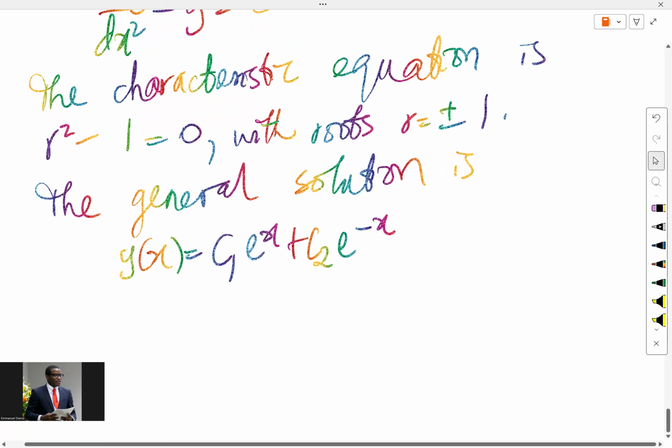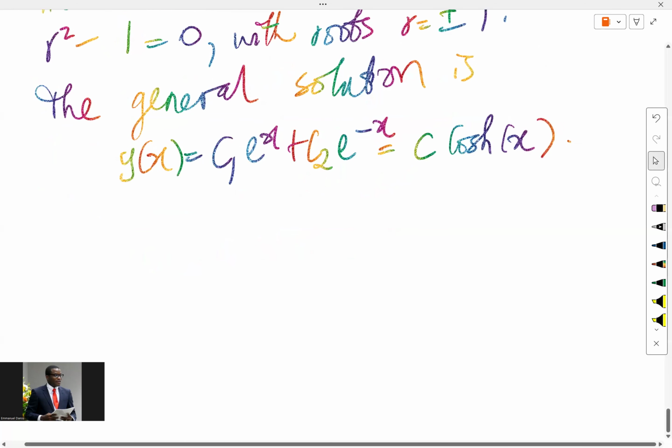And of course, you can already see that looks very much like e raised power x plus e raised power minus x, which looks a whole lot like some constant multiplied by cosh x. So you see that coming up in solutions to differential equations.